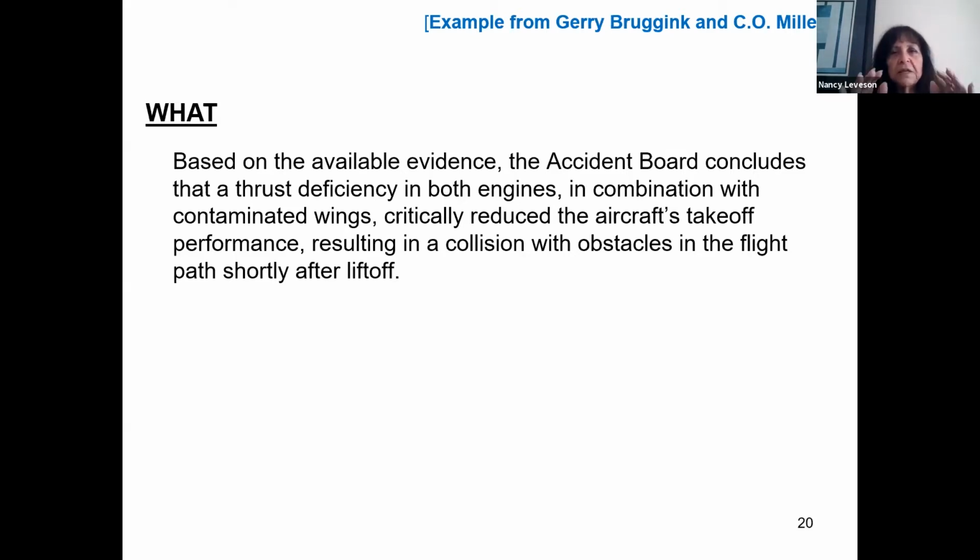Notice there's nothing here that talks about who is responsible. It's purely describing factually what happened. There was a thrust deficiency, there were contaminated wings. Those two together critically reduced the aircraft's takeoff performance, resulting in a collision.